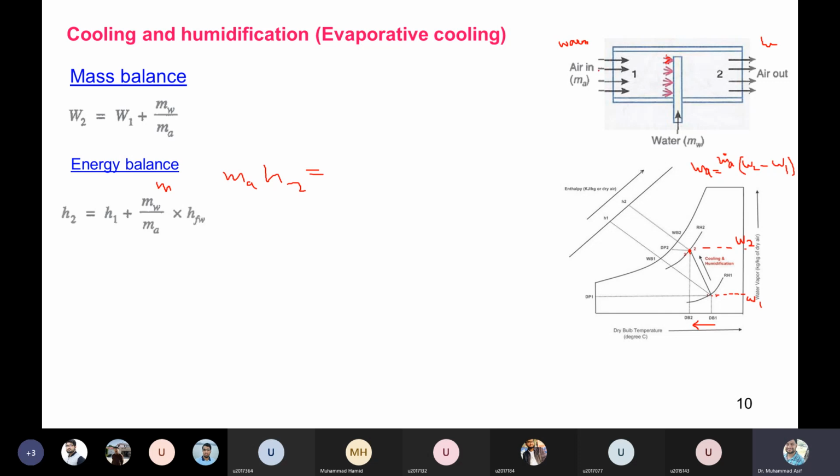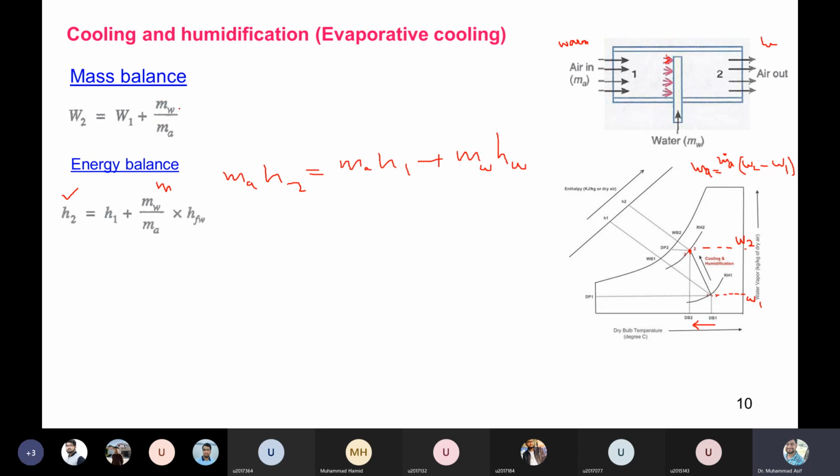What is the incoming air? Energy of the incoming air is MaH1, right? Plus mass of the water vapor and the enthalpy of the water vapor, right? So basically, we simplify this equation and we get the enthalpy of state 2. We can put this value Mw by Ma.